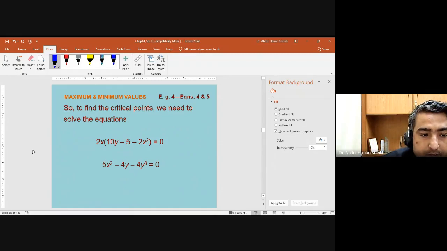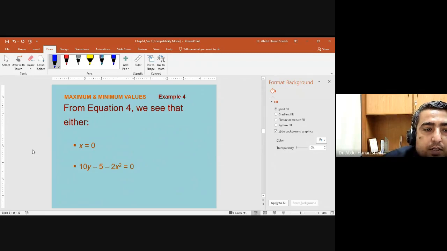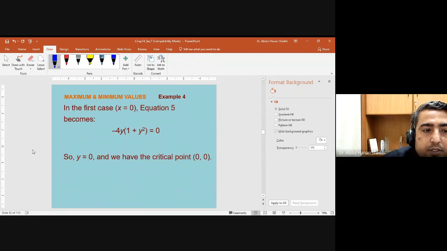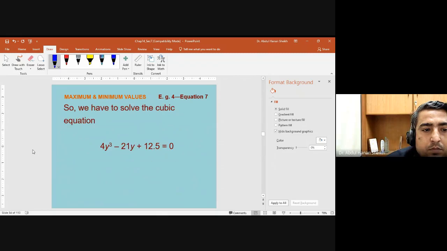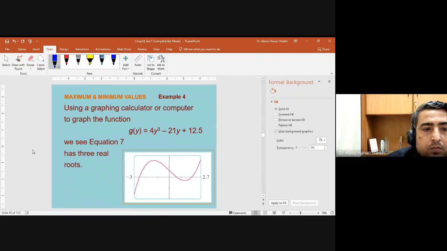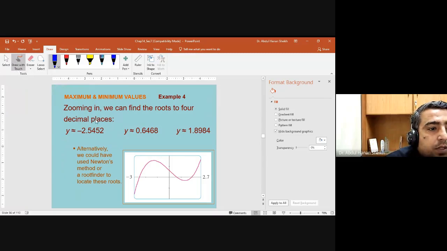Equating them to 0 will require us to solve these two equations, and the solution of these two equations will yield x is equal to 0, and then if we plug in x is equal to 0 in the other equation, we get y is equal to 0. So we get only one critical point, 0, 0. Now there are 3 more values of y, right?